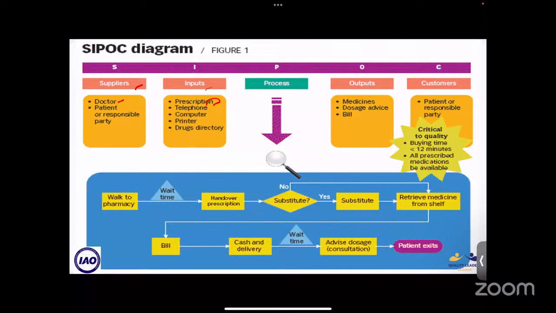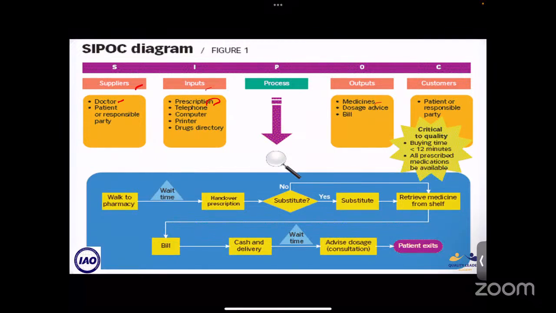And this prescription I will work on as a process of medication dispensing. I will process it in the dispensing process, meaning pharmacist dispensing, until it is released from me. So in the end, the output will be the medicine.